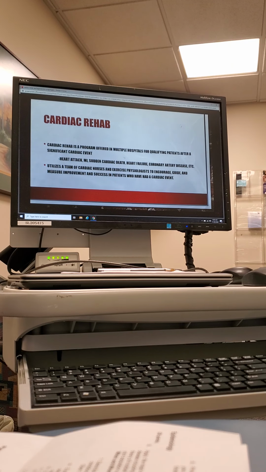And then coronary artery disease, and there are a few others as well, but those are the pretty significant ones. So cardiac rehab utilizes a team of cardiac nurses such as Brandy, Kate, and Diane. I myself am a cardiac nurse as well, but I don't work down here. An exercise physiologist, so Mark and Mackenzie, to encourage, guide, and measure improvement and success in patients who have had a significant cardiac event.